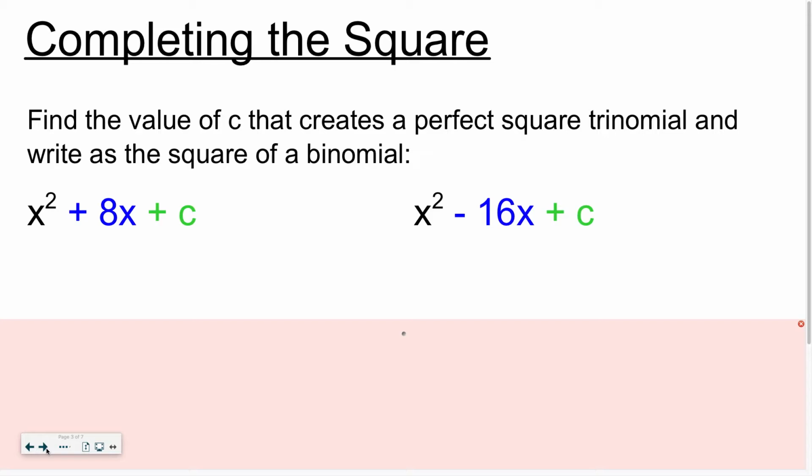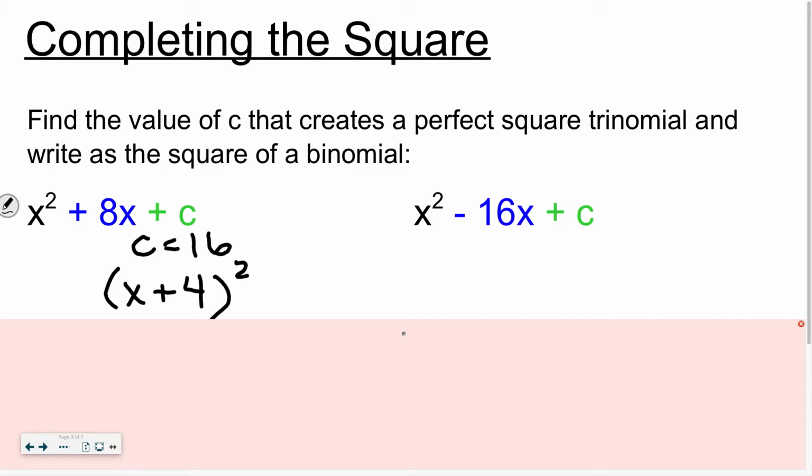Okay, Abby, tell me what you guys chose for c in the first one. c equals 16? Okay, and then what was your square of your binomial? Okay, excellent. How did you find the number 16? What I did was I just divided 8 by 2 and then I got 4 and I just squared it.